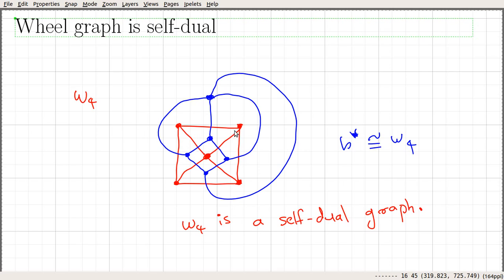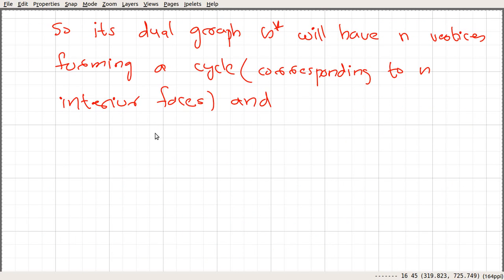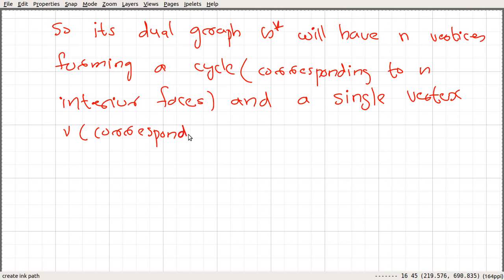So here we have this Cn, and a single vertex, let's call that vertex V, corresponding to the exterior face.